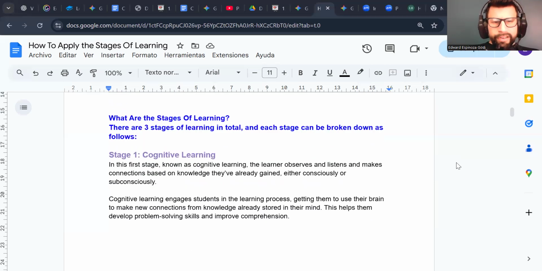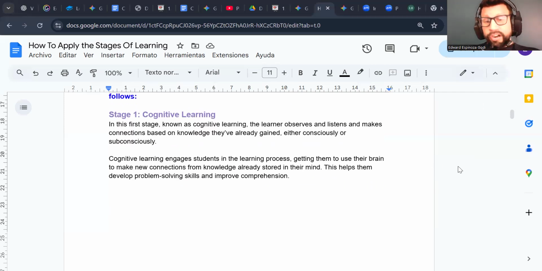So, what are the stages of learning? There are three stages of learning in total, and each stage can be broken down as follows. Stage number one, cognitive learning. In this first stage, the learner observes, listens, and makes connections based on knowledge that they've already gained, either consciously or subconsciously.